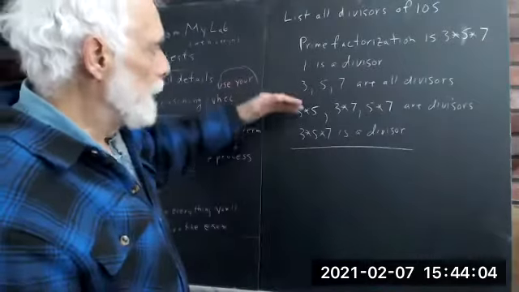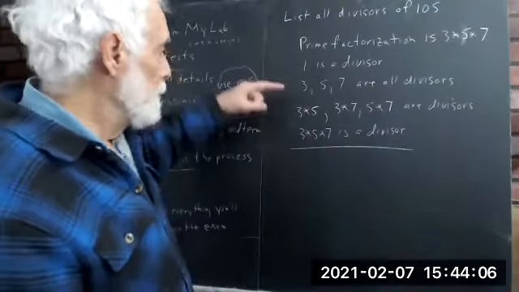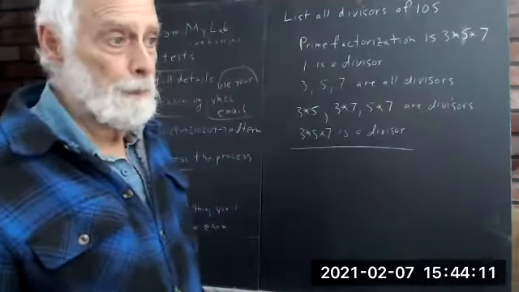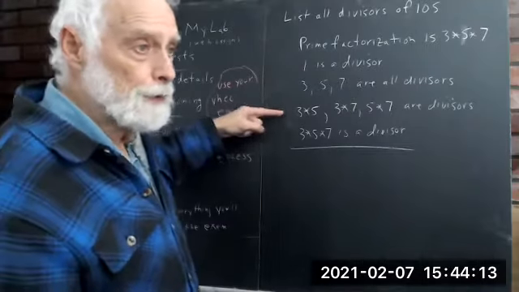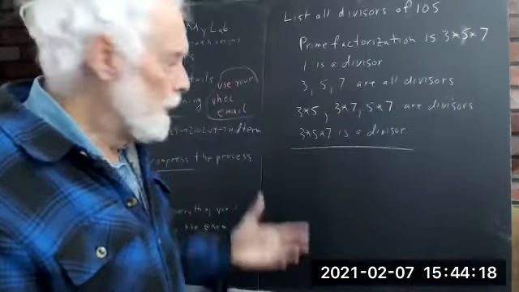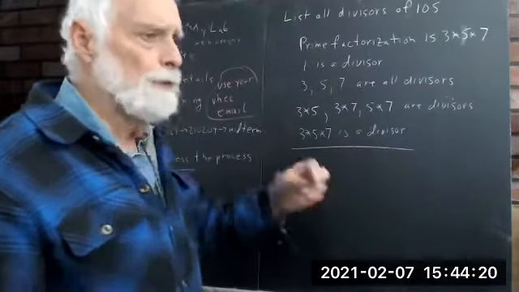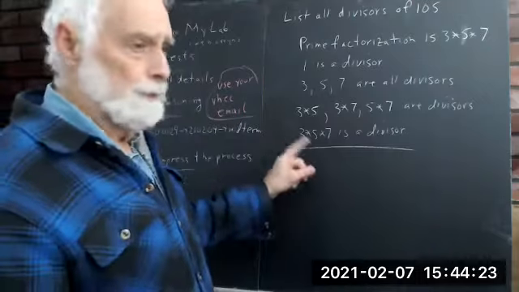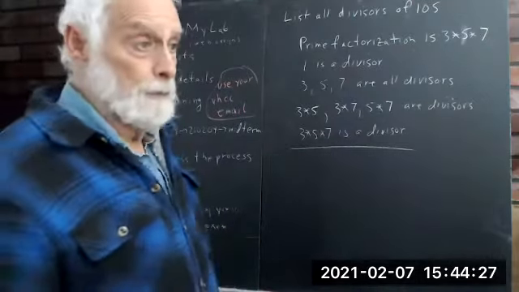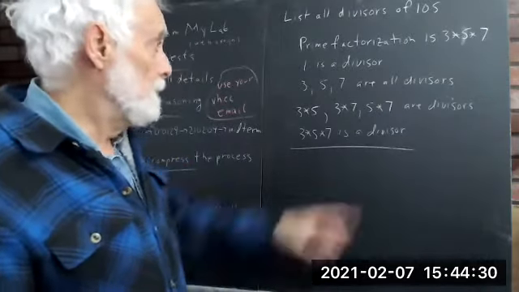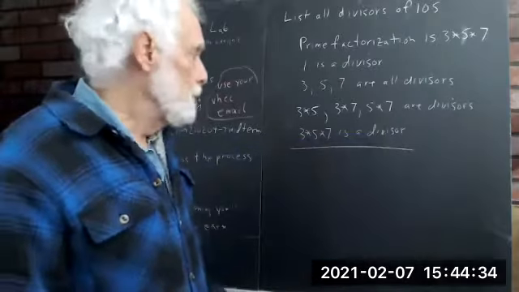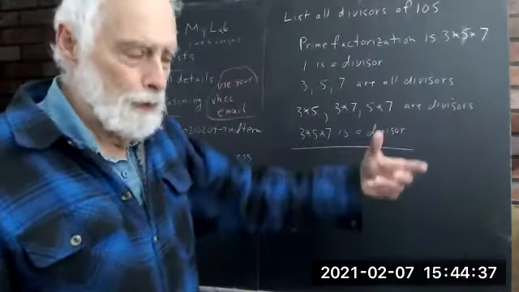Now, this is a systematic way to do it. I listed all the divisors that consist just of single prime numbers. Then I listed all the divisors that are products of 2 prime numbers. Then I list all the divisors that are products of 3 prime numbers, which is, of course, the number itself, and we can stop there. If you add more prime numbers in your decomposition, you'd have to maybe go to all the multiples of 4 divisors, okay?